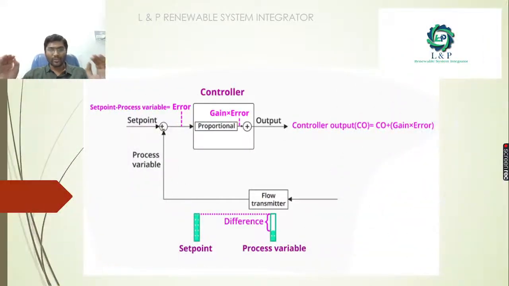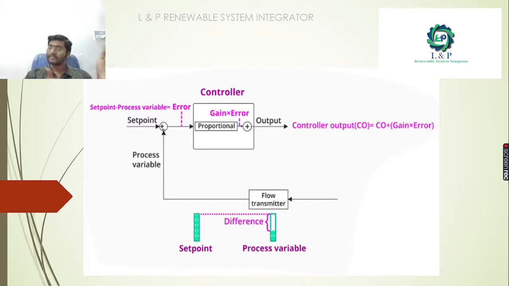See here. If you want to know the error, it is simple. You have a set point and you have a process variable or present value. Set point minus process value gives you the error. For example, if your set point is 72 degrees Celsius or 72 Fahrenheit and your present value is just 70, then the error is 2 degrees.